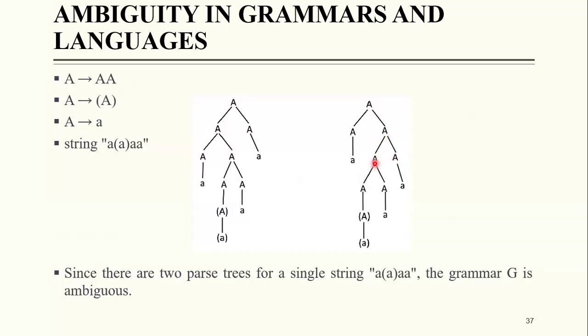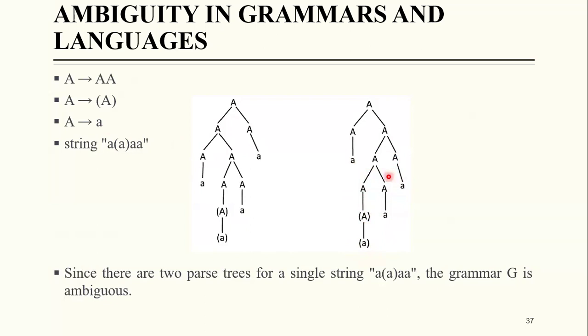Again, this left-hand side derives AA. Again, this A is bracket A, and this A will be terminal a. So bracket a, and again this non-terminal A has been replaced by the production A derives a. So finally, we got a bracket a.